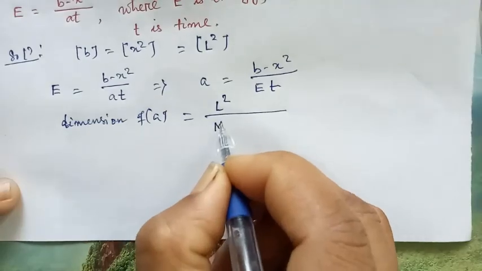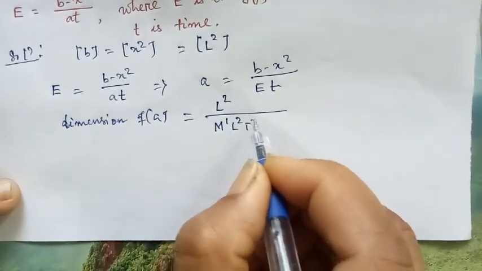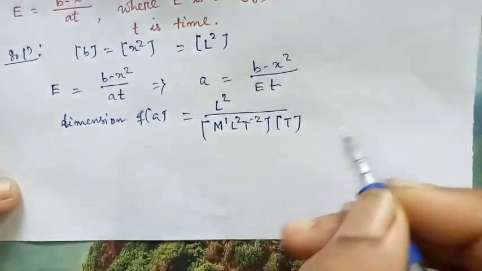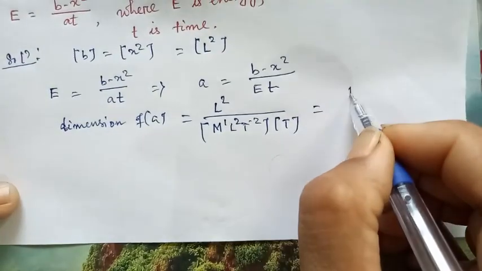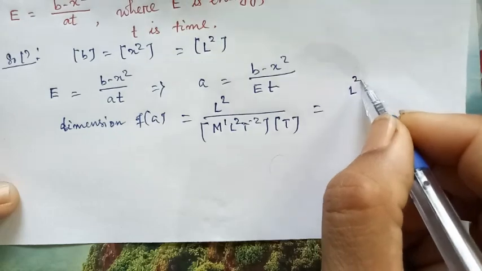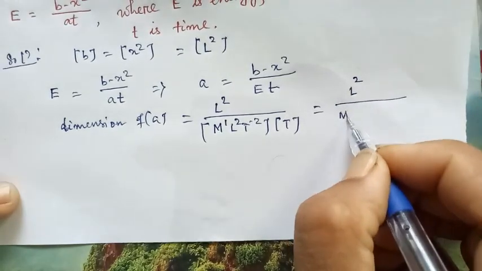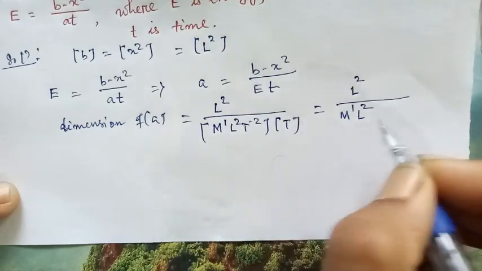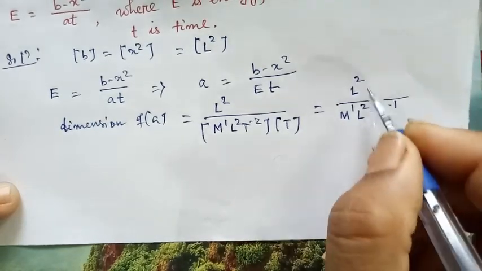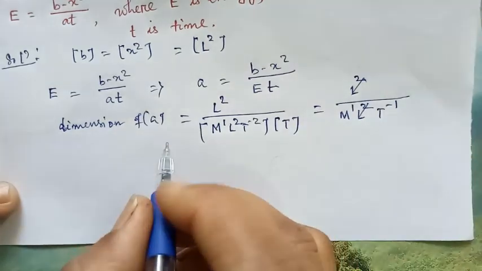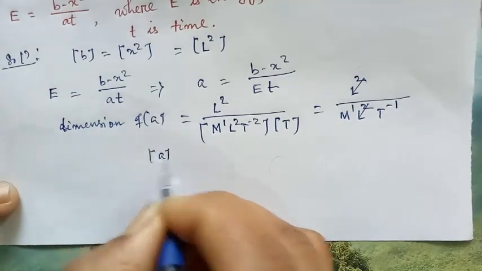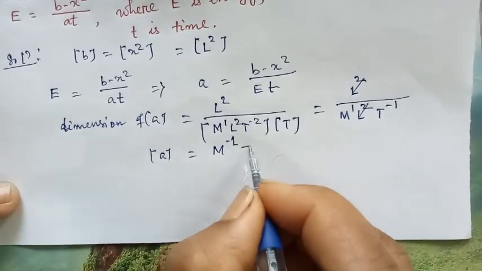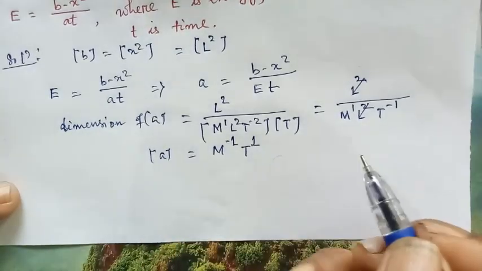Energy is M^1 L² T^-2, and another T. That gives L² upon M^1 L² T^-2 into T, which is T^-1, and L² get cancelled. So the dimension of A is M^-1 T^1.